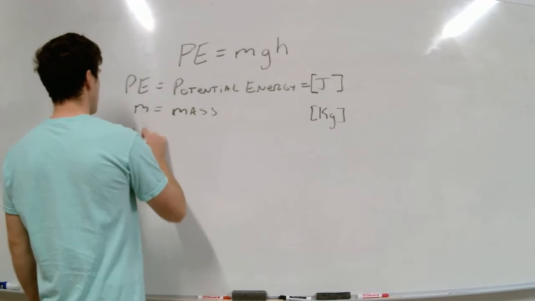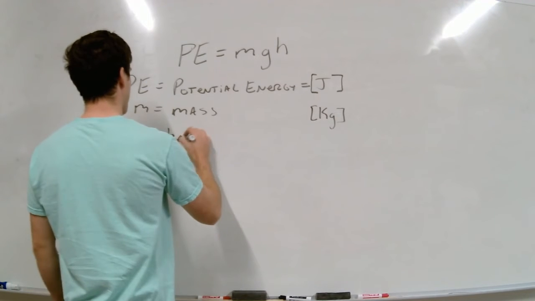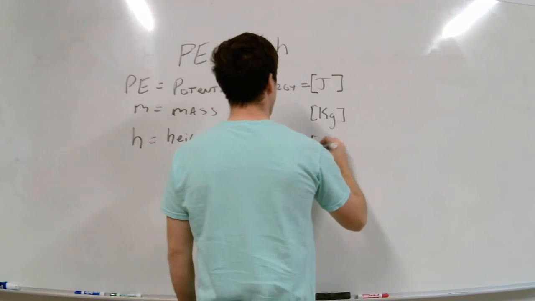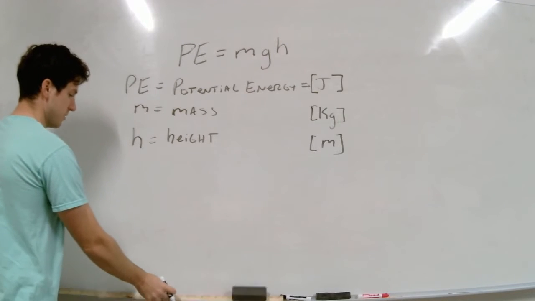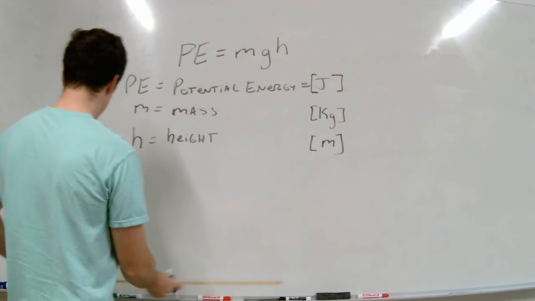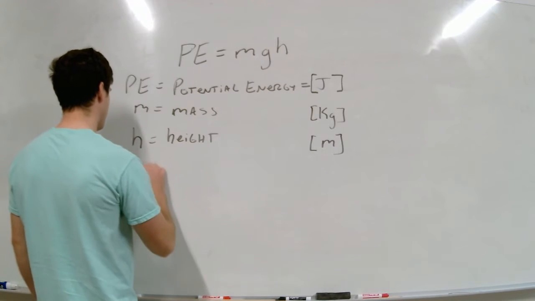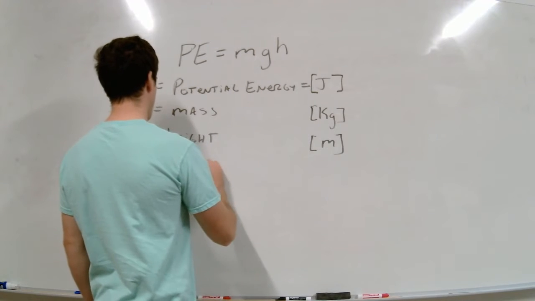And then H, right, I said potential energy is due to your position. Well, it stands for height, okay, which is measured in meters, right? I got a meter stick here. All right, that's what the units are measured in. And then G, what does G stand for? That is a constant, and it is the acceleration due to gravity.